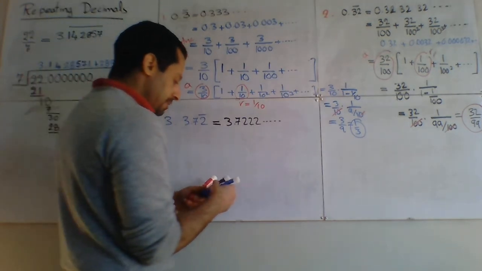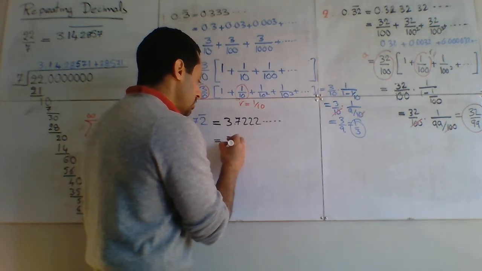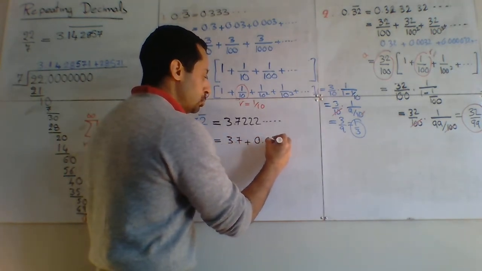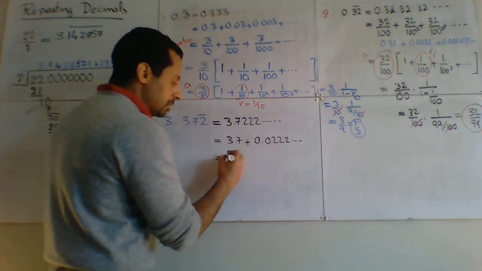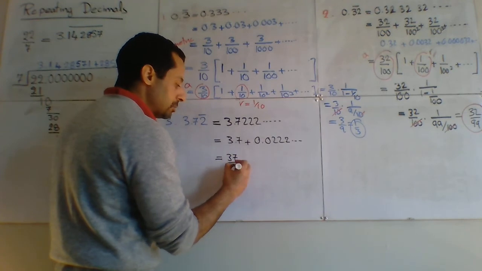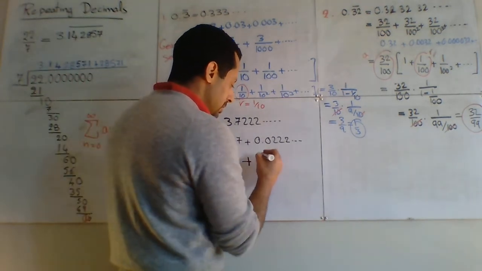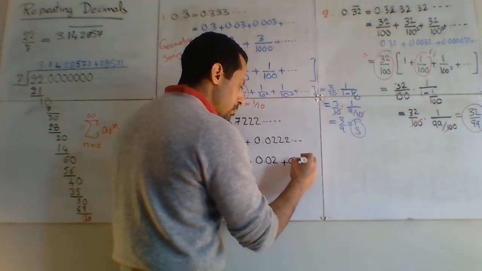To deal with these fractions, first you take the non-repeating part by itself, so 3.7. So you write this as 3.7 plus 0.0222. 3.7, you can write it as a fraction, 37 without the decimal, 37 over 10. And this repeating part is what you write as 0.02 plus 0.002.